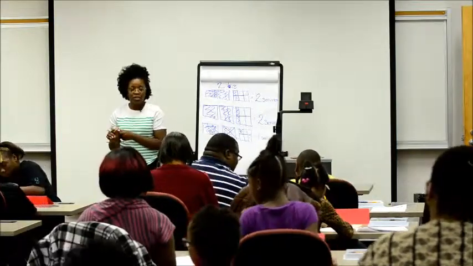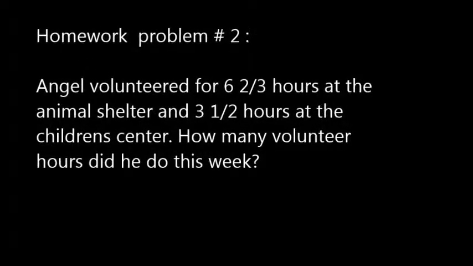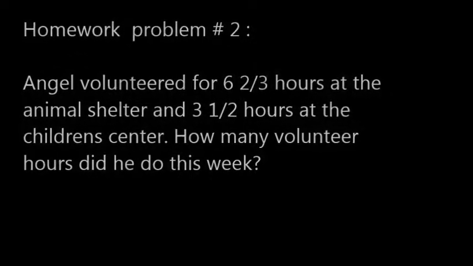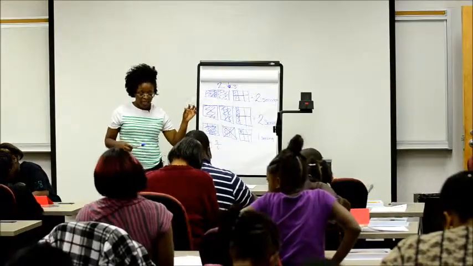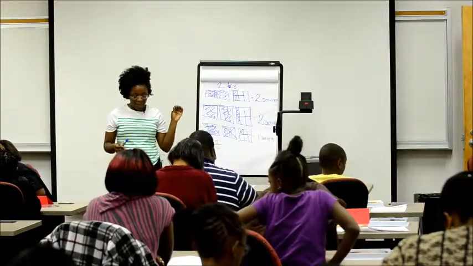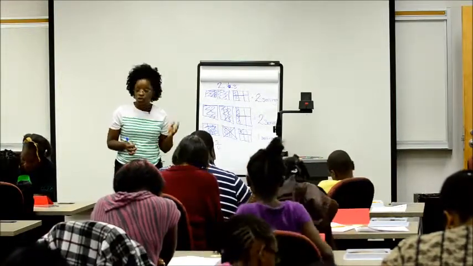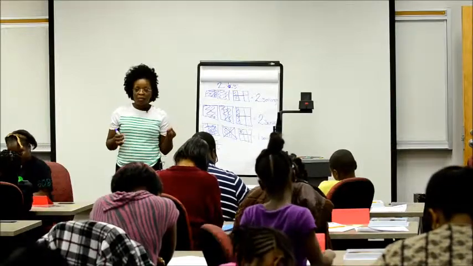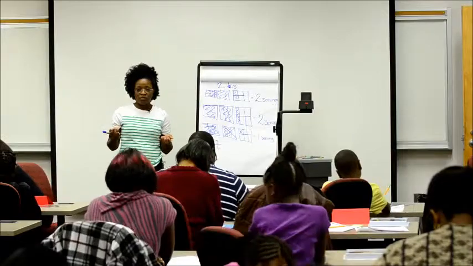Let's look at number 2. This week, Angel volunteered for 6 2/3 hours at an animal shelter and 3 1/2 hours at the Children's Center. How many hours of volunteer work did he do this week?